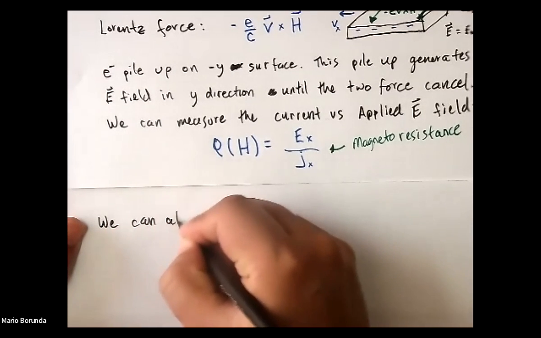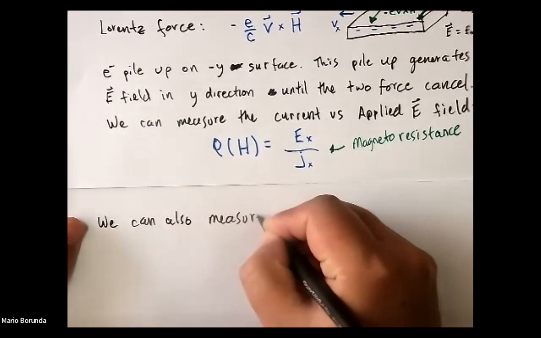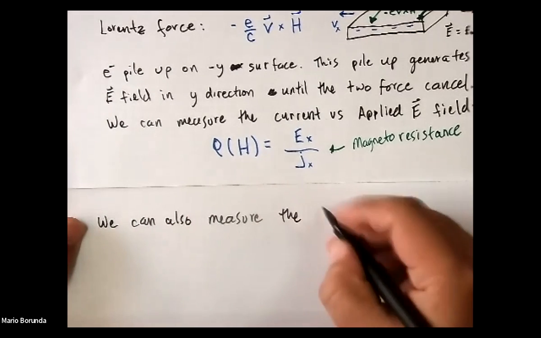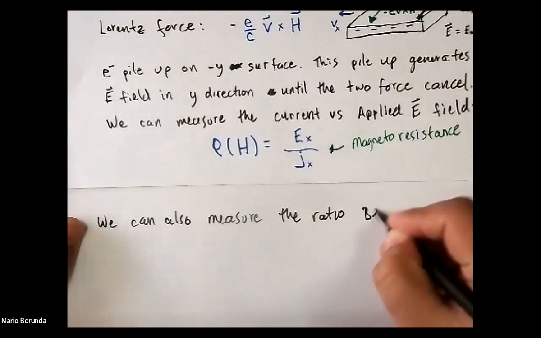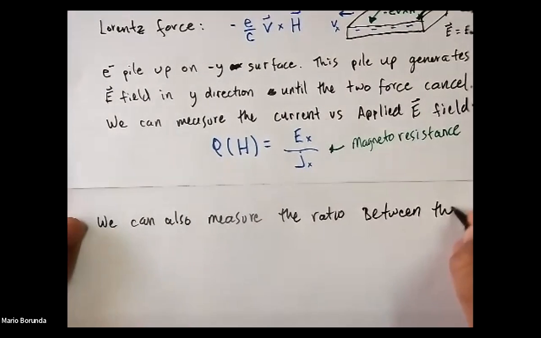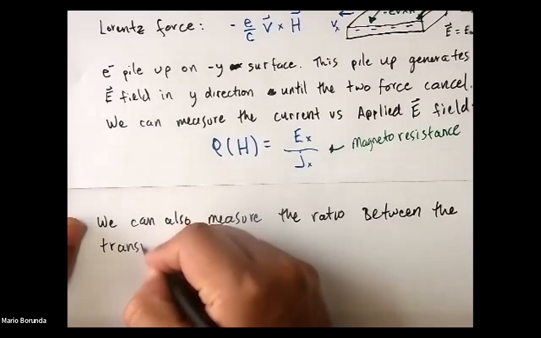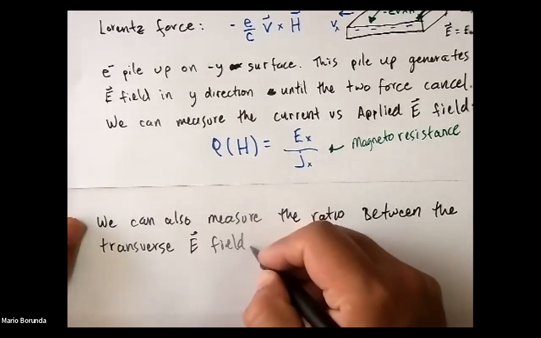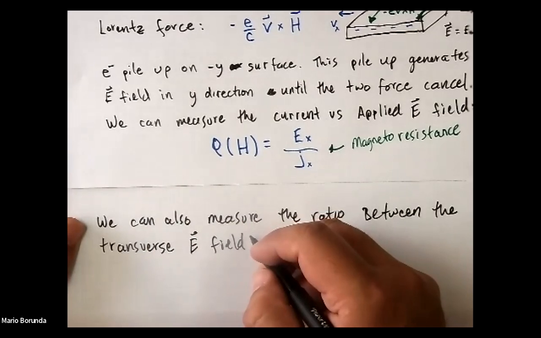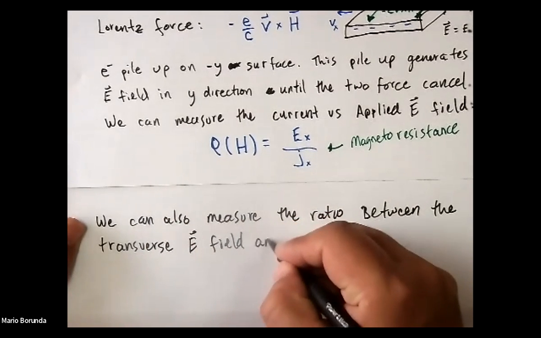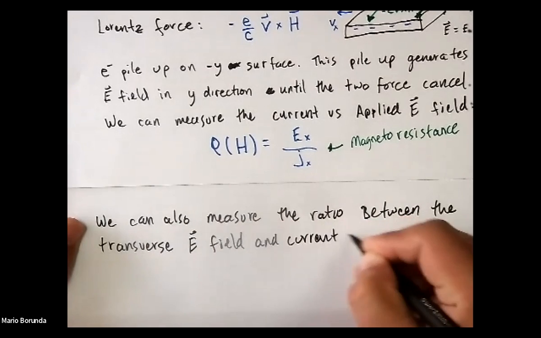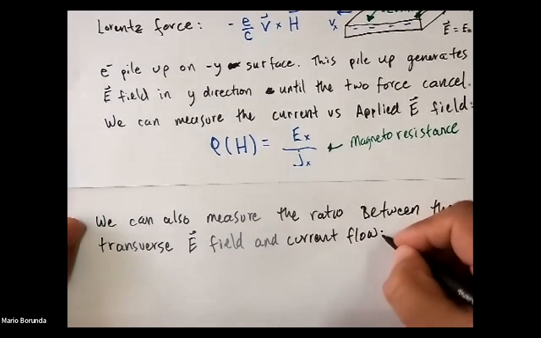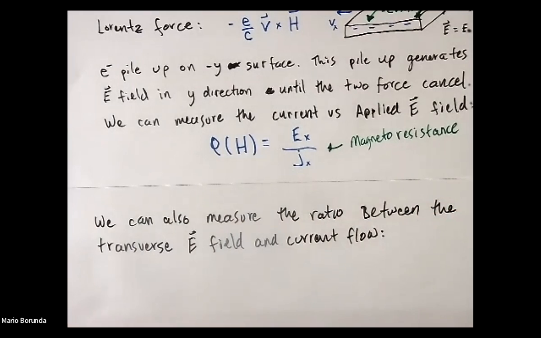And then the other thing is that we can also measure the ratio between the transverse E field and current flow. And this one has a dependence on the magnetic field.